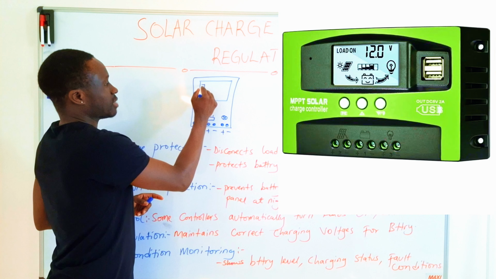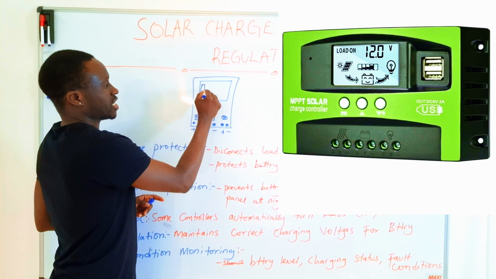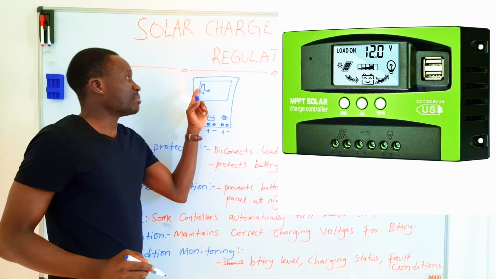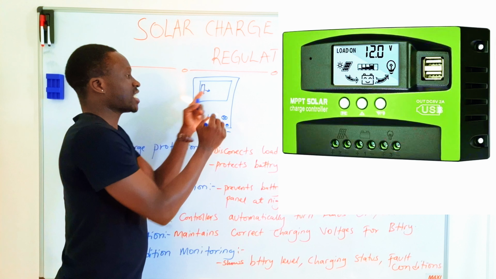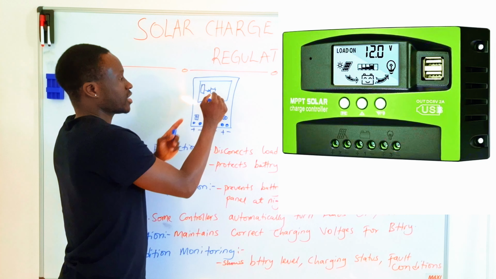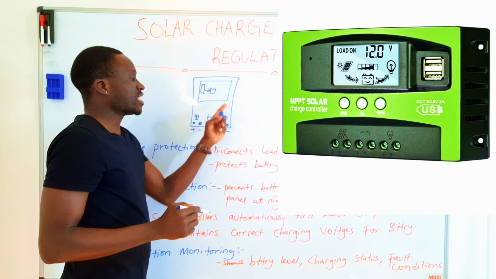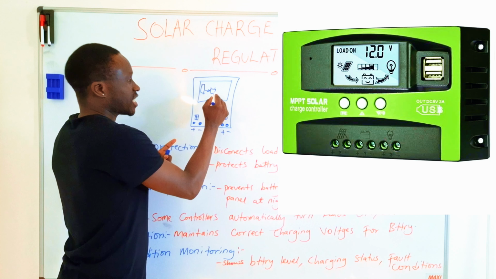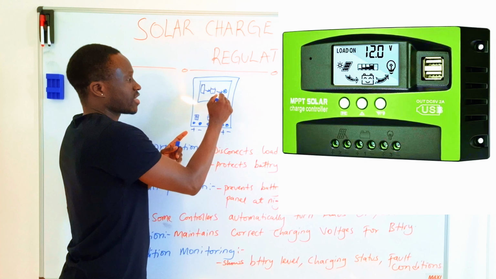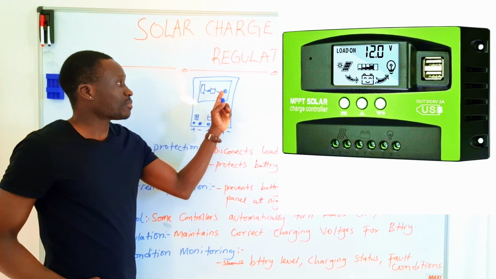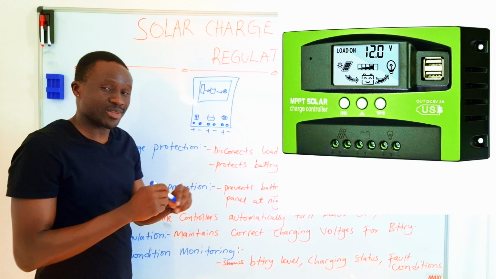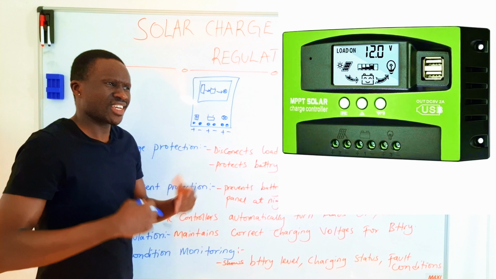It will show the panel size, then an arrow showing that the panel is charging the battery, then it shows a battery. Okay, then if you connect the loads, it will put another arrow, showing that now also the loads are on. You see how the charge controller is just simple.